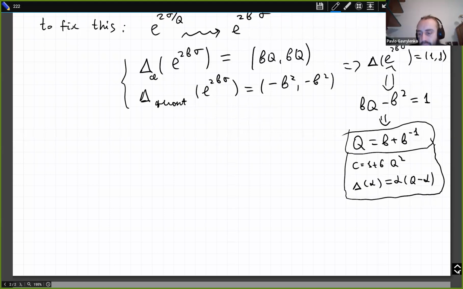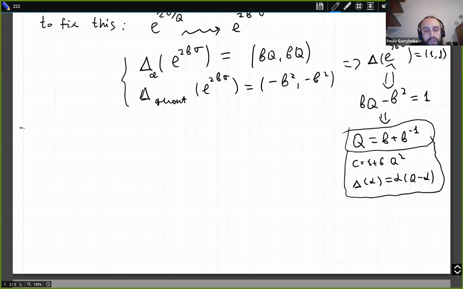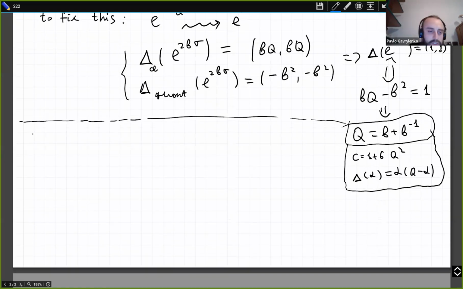So we can also think about this parameterization, like if we are interested only in real c's, let us say that central charges are real.